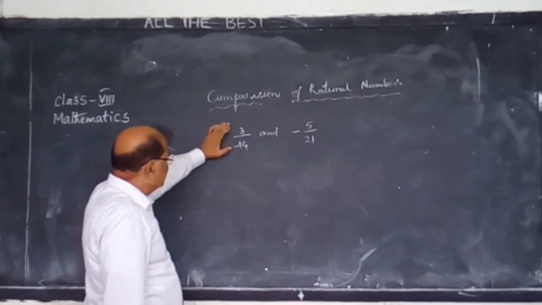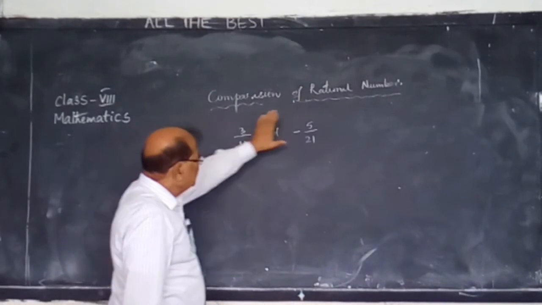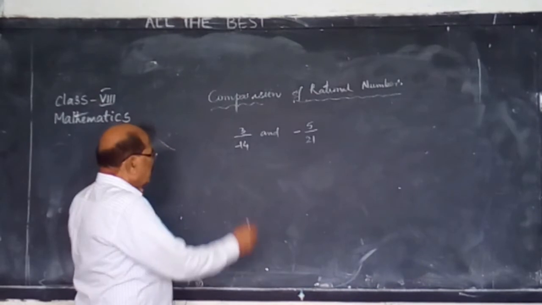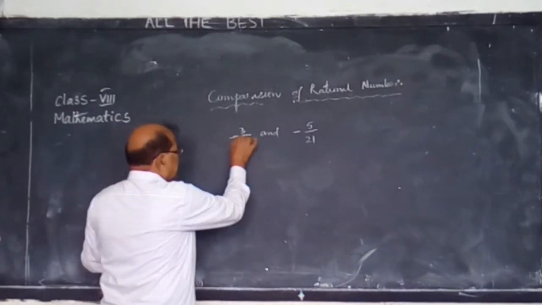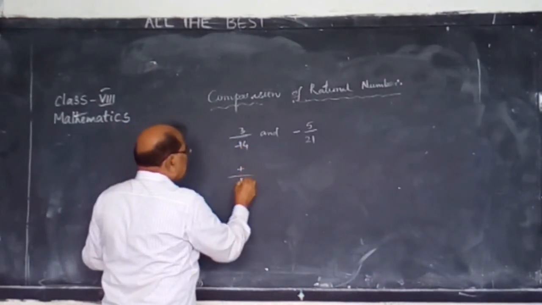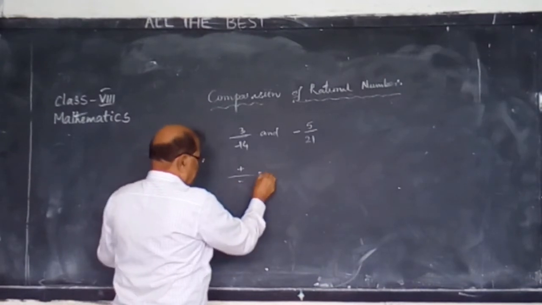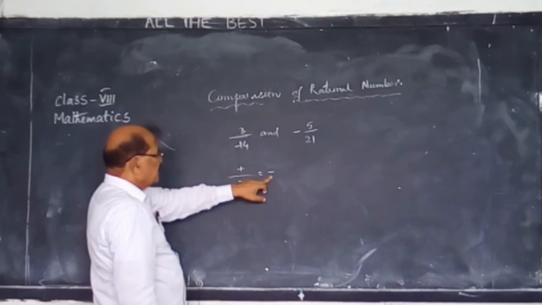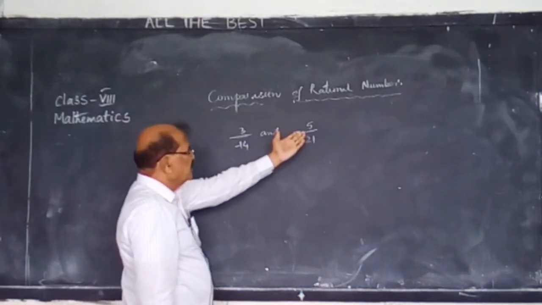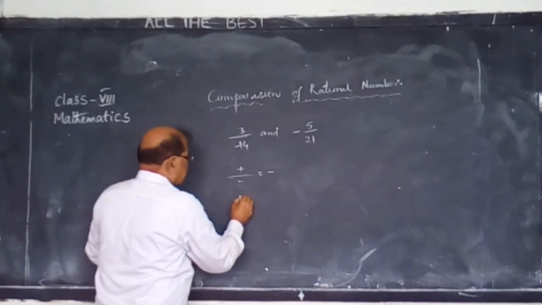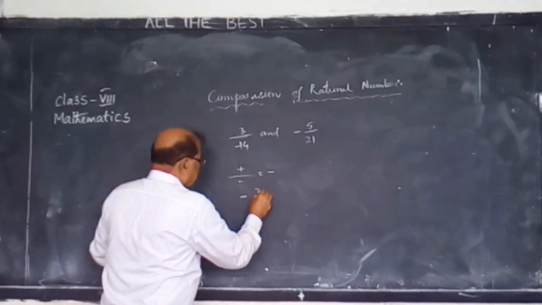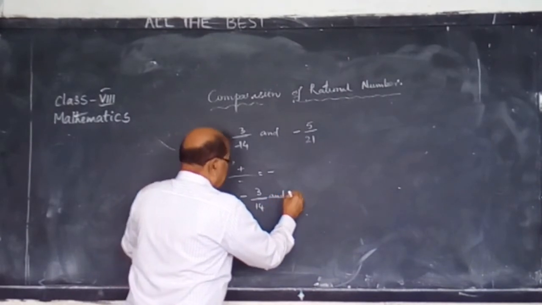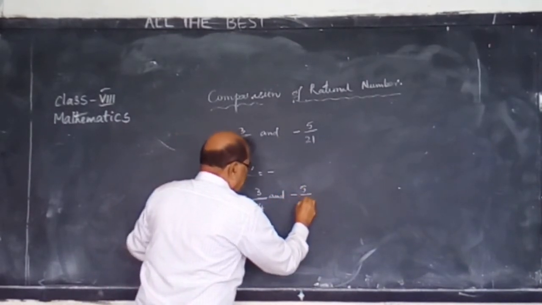This is a proper fraction, its value is less than 1. This is also a proper fraction, its value is less than 1. Whenever signs are given, plus divided by minus is minus. Here he has given directly minus. So this can be written as minus 3 by 14 and minus 5 by 21.